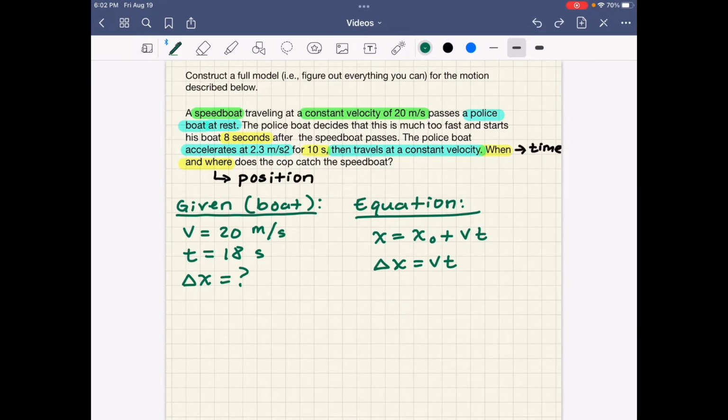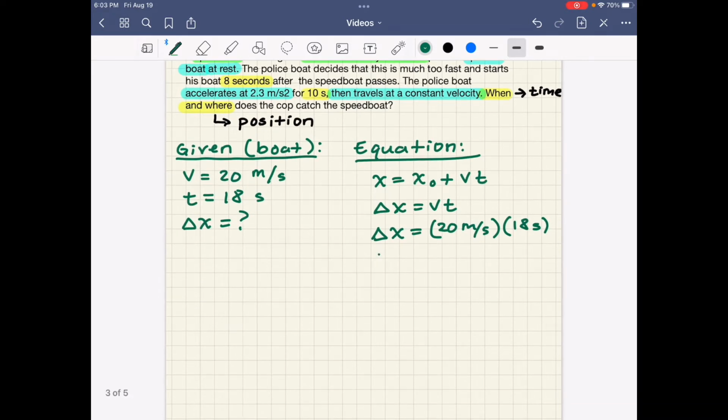So now let's substitute. We have delta x would be velocity, 20 meters per second, multiplied by the time, which is 18 seconds. 20 times 18, that is 360 meters, right?